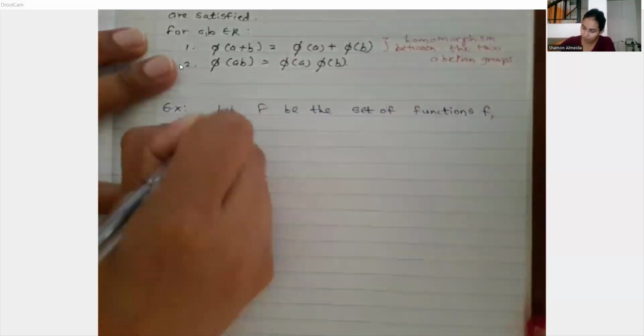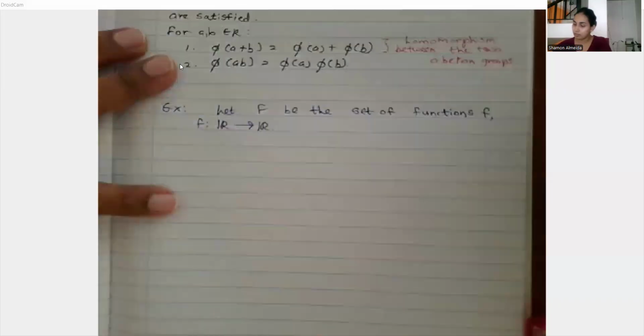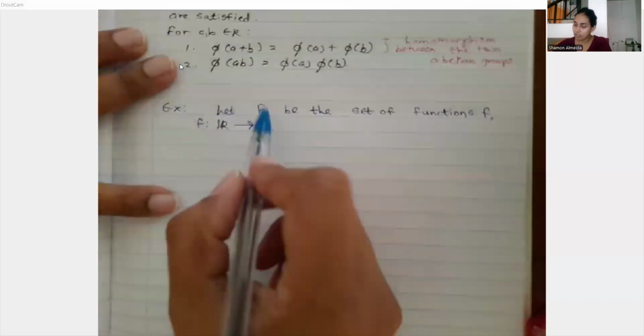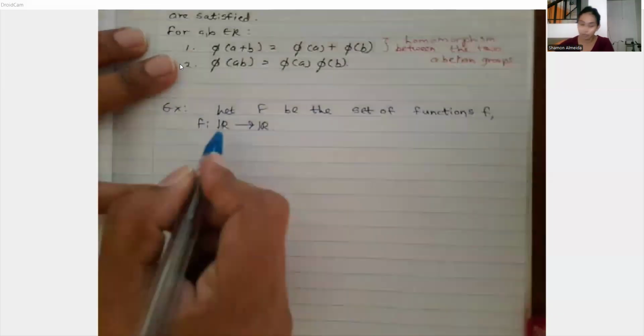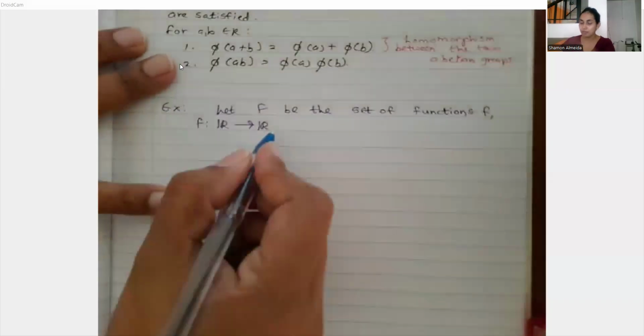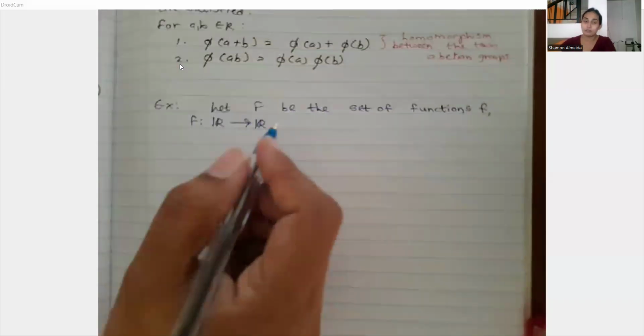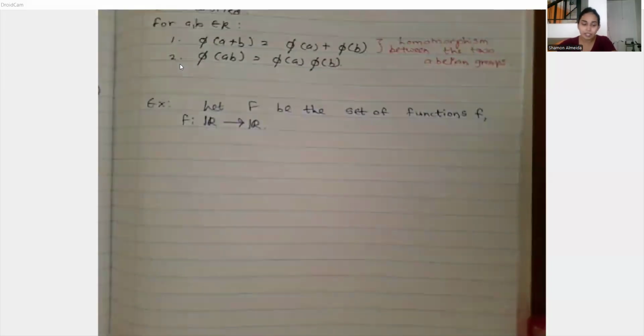So this capital F contains all real valued functions f from R to R. And this example we have done before when we were going over the group theory material. So we know that F together with addition is an abelian group under the usual function addition.